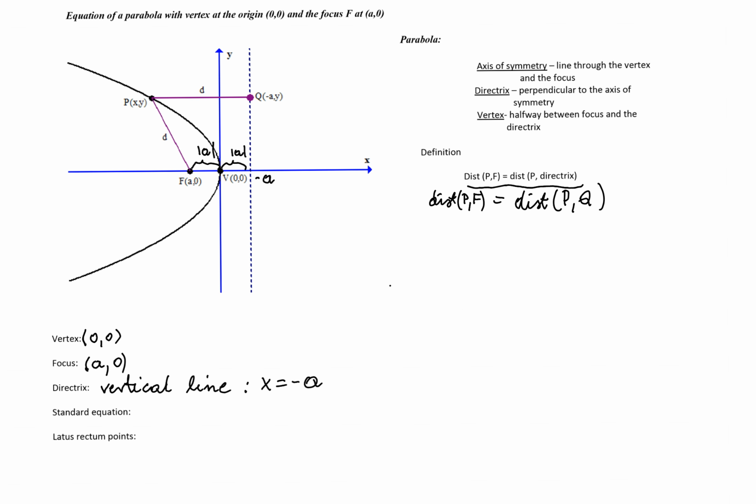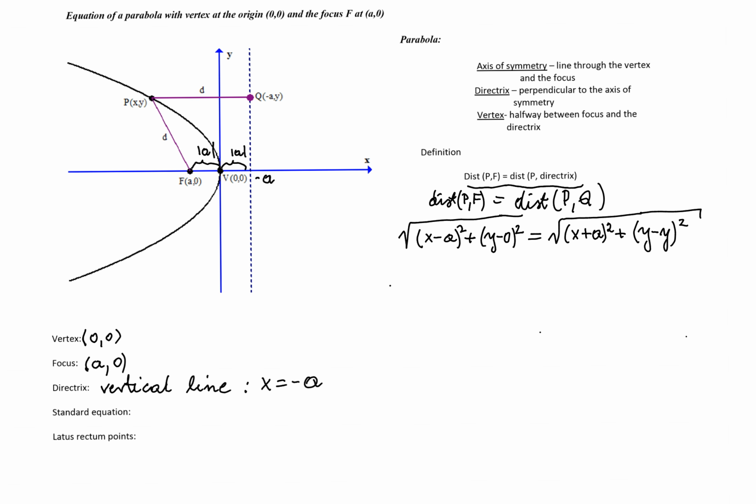So the distance between P and F is the square root of the difference of the first coordinates of the points P and F, which is (x - a) squared, plus the difference of the second coordinates, which is (y - 0) squared. And similarly, on the other side, we get a square root. The difference between the first coordinates of the points P and Q is x - (-a), which becomes (x + a) squared, plus the difference of the second coordinates, which is y - y, squared.